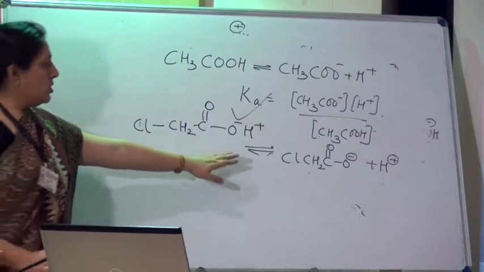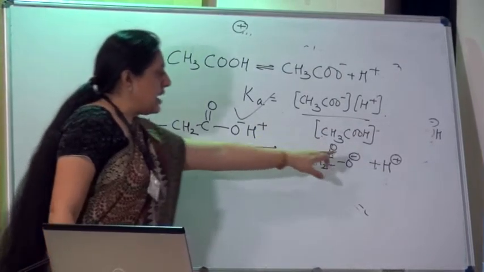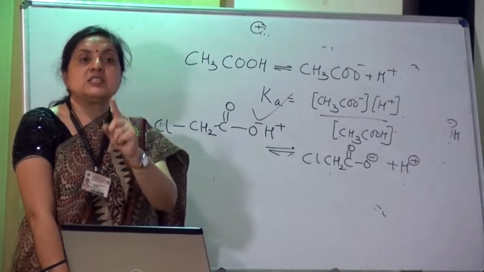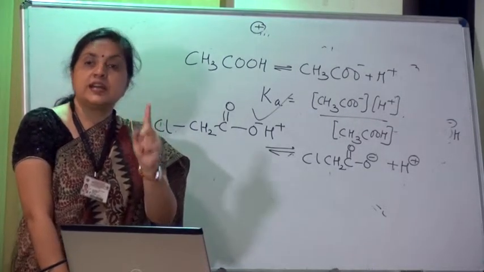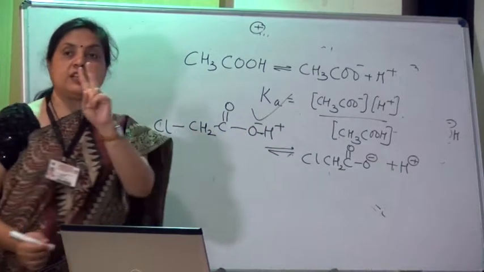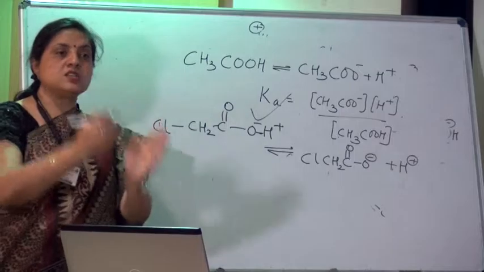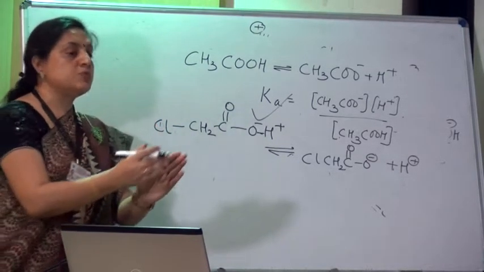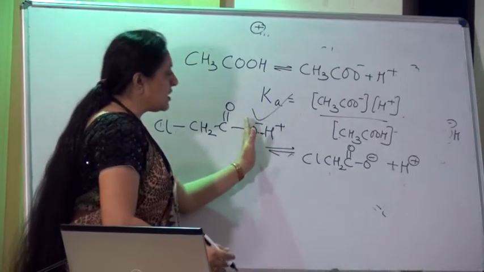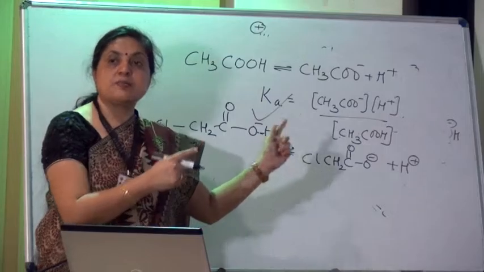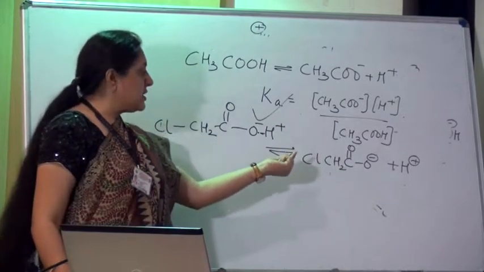Now this H is going as a proton, that is, it is leaving its electron. How is this bond formed? With the help of two electrons. So when this bond is broken, as we talked about homolysis and heterolytic fission, H leaves as a proton, leaving its electron. Why?